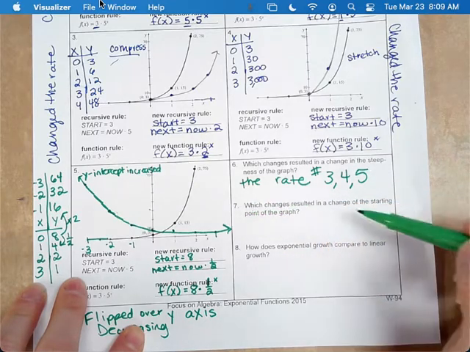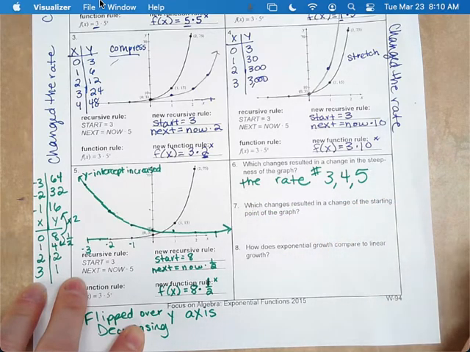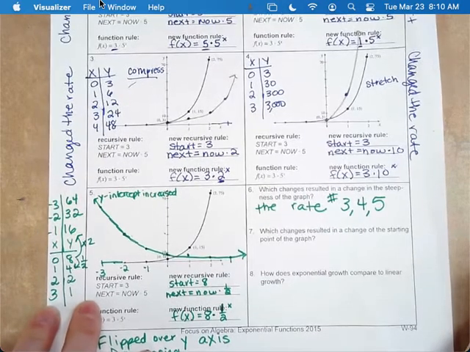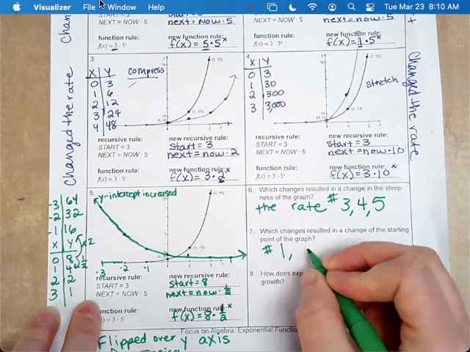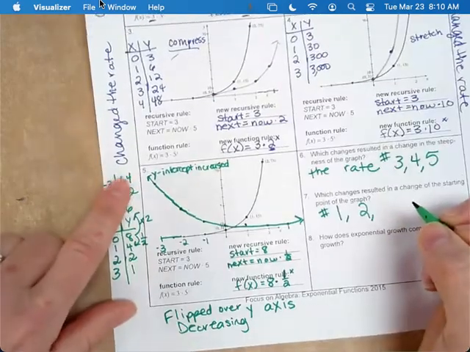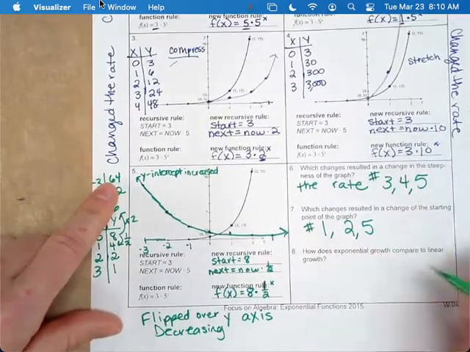Okay, which changes resulted in a change of the starting value? Yeah, 1 or 2, but also we changed it on number 5. So 5 had both changes.